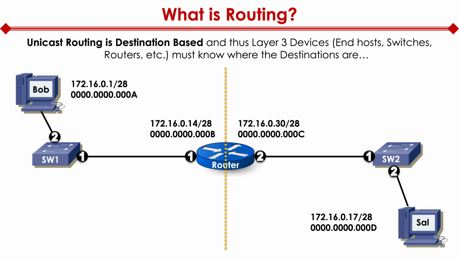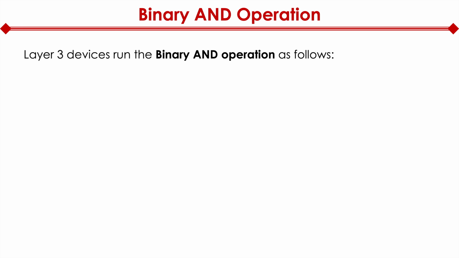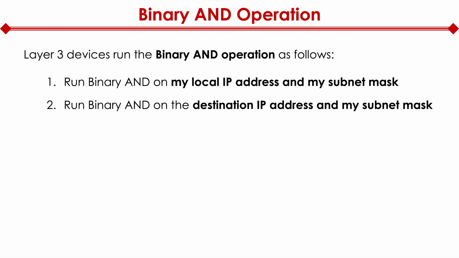Once again, I'm going to come back to this slide because there are a couple of concepts I would like to crystallize. How did Bob know how to send information to Sal to begin with? There's something called a binary AND operation that is run on the devices, and all layer 3 devices run this binary AND operation. The first thing that happens is the layer 3 device looks at its own IP address and its own subnet mask and runs the binary AND against it.